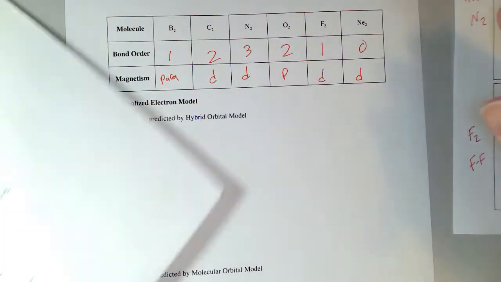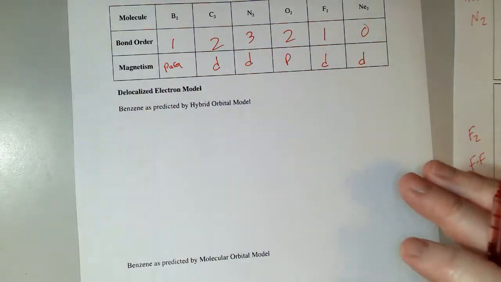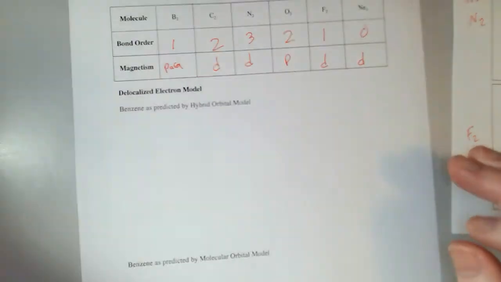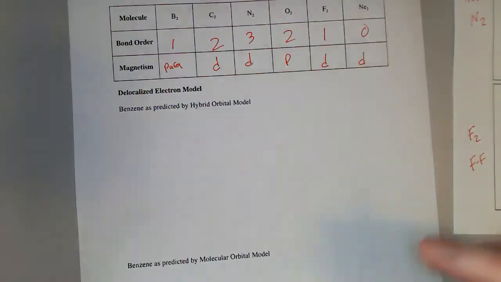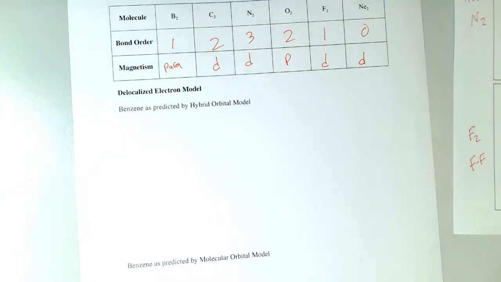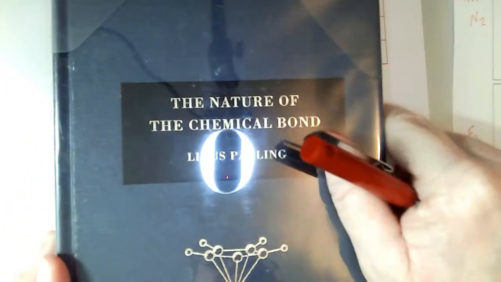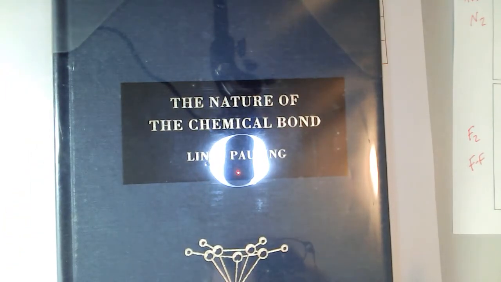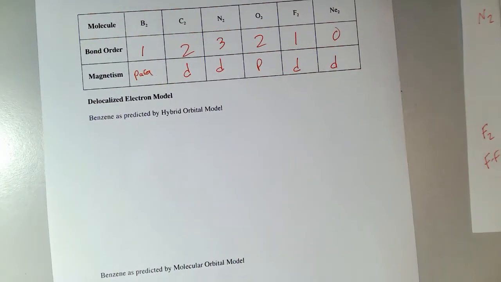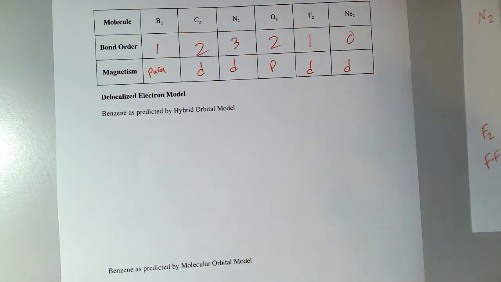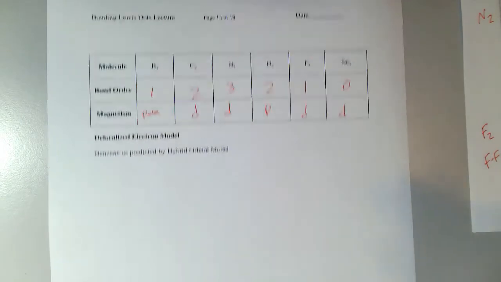So, the grand poobah of bonding, the guy who told us everything there is to know about it, Linus Pauling, and I showed you this before, The Nature of the Chemical Bond by Pauling. During World War II, he was working for the U.S. Navy.